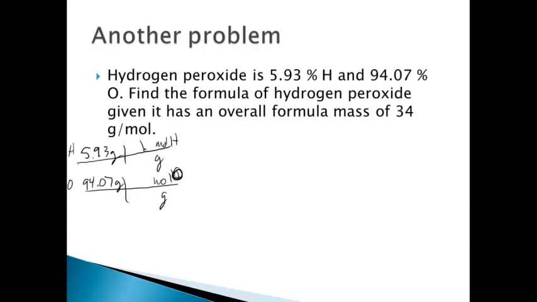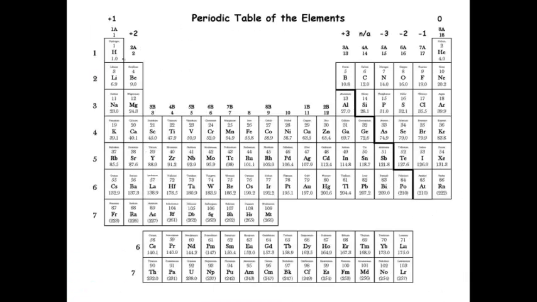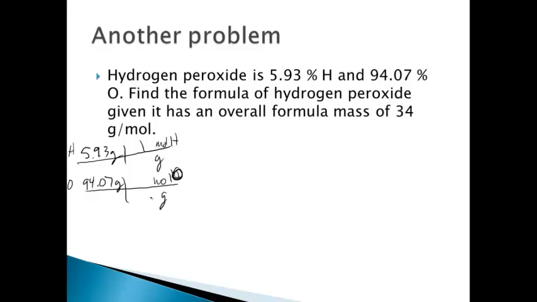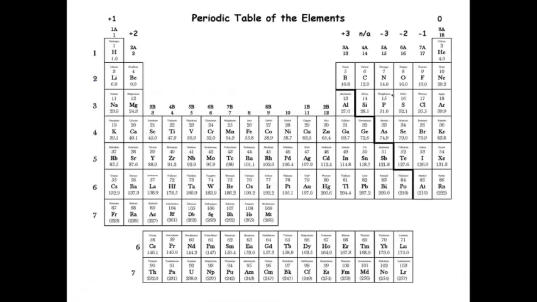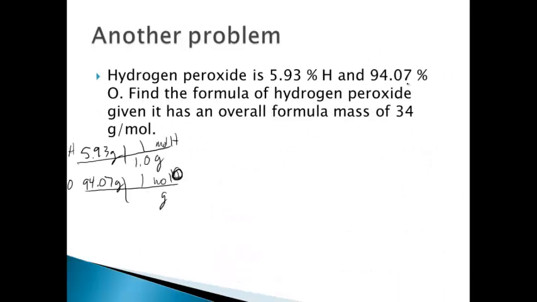My moles is 1. We find my grams from the periodic table. For hydrogen, it's 1.0. For oxygen, same thing, the periodic table gives 16.0 for the grams. Let's plug this into our calculator. I get 5.93 moles of hydrogen.